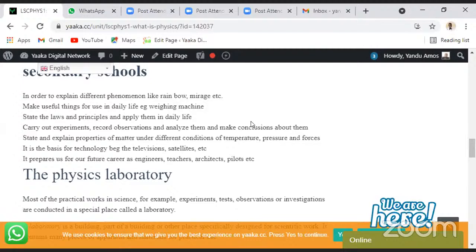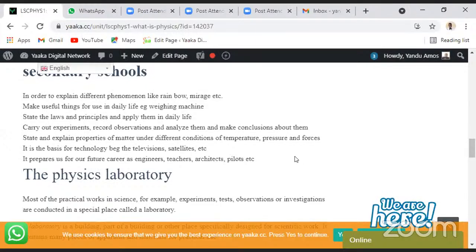Then we can carry out experiments. We have to record observations, analyze them, and make conclusions about this. This is the advantage of studying physics. As you move on, you'll find that with time you'll be able to carry out experiments and record observations. You make observations, maybe you see, or you hear.